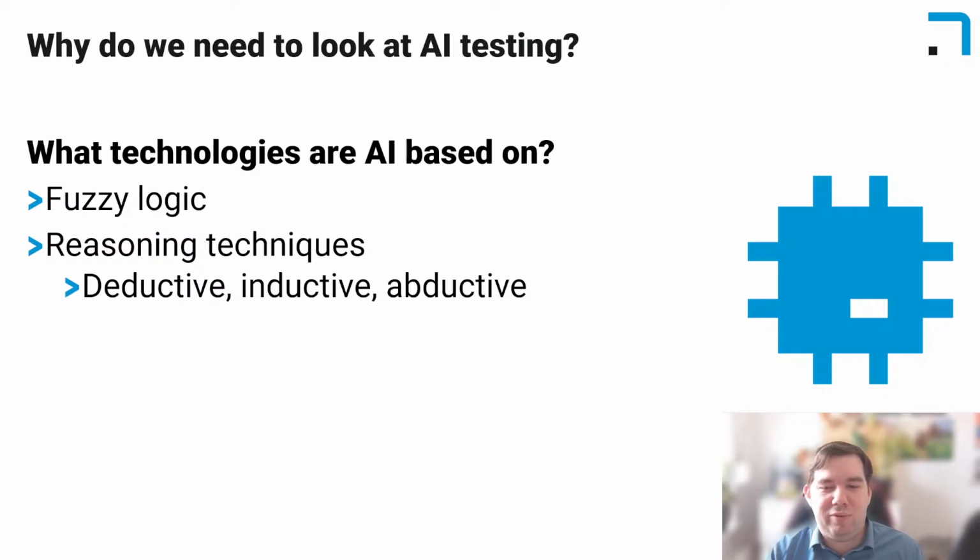Inductive, where it makes sort of observations on the bottom level and makes guesses on how the top layer works. As well as abductive, in which it has incomplete observations and it needs to try and draw conclusions from those. So these AIs can work in different ways, and depending on sort of where we're targeting the AI to, that can be useful to identify.